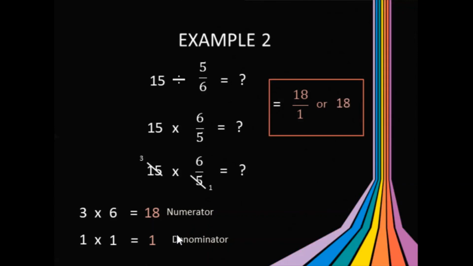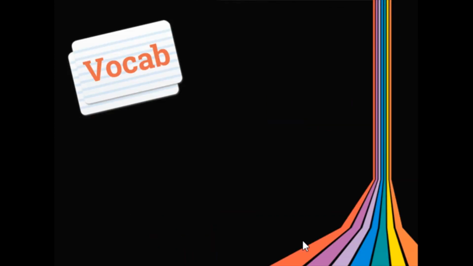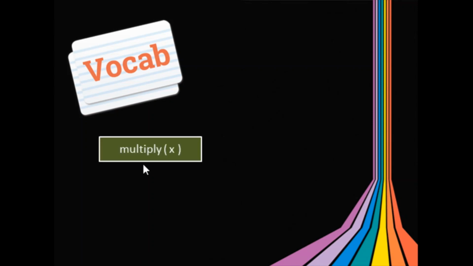That is how you are going to divide an integer and a fraction. Activities and exercises will be on our next videos. Let's recap the vocabulary words. Everybody repeat after me. Multiply. Divide.